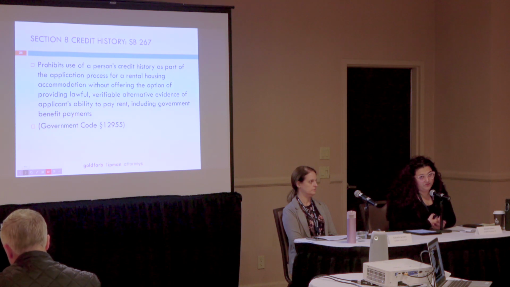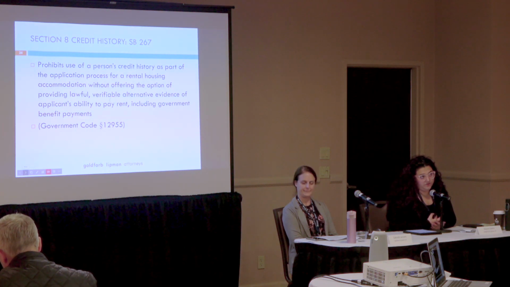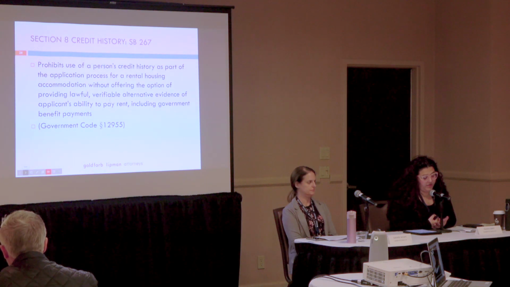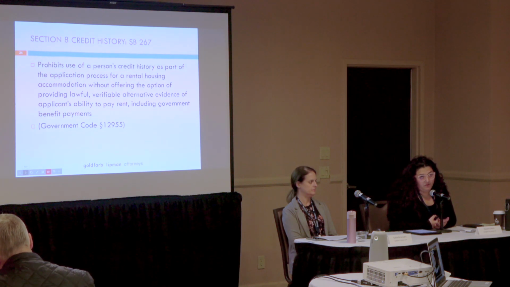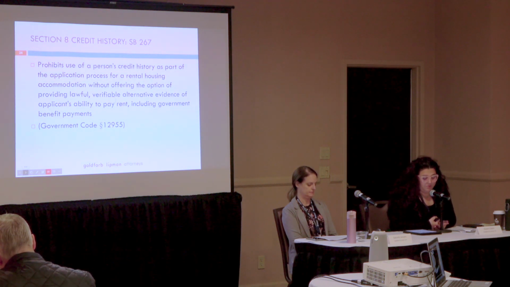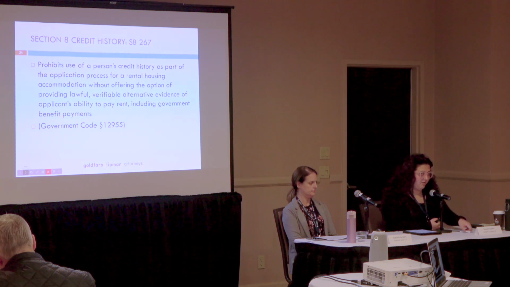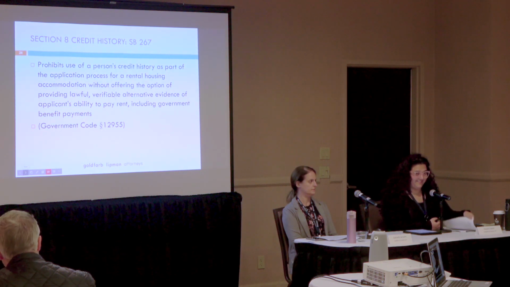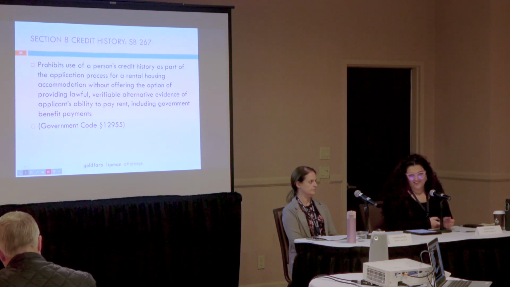So basically, you can't do a credit check unless you also allow them to say, actually, I have this alternate evidence of my ability to pay the rent each month, which is that I'm receiving Section 8. So I'm going to be able to pay. Child support or spousal support or anything else, right? Any questions on that?